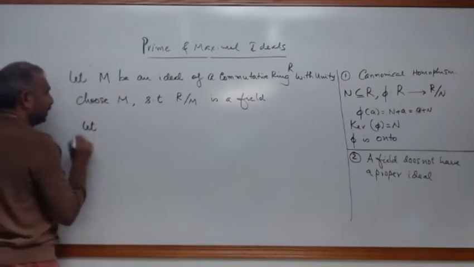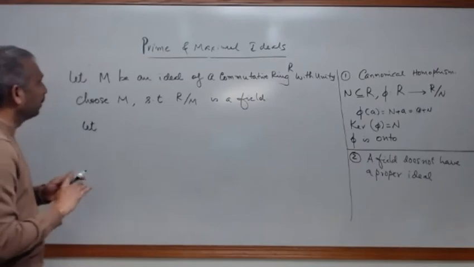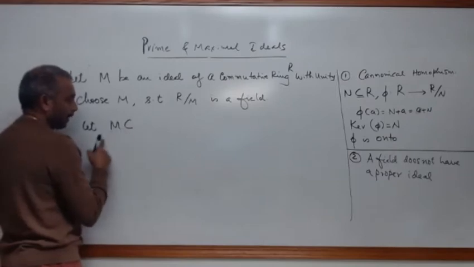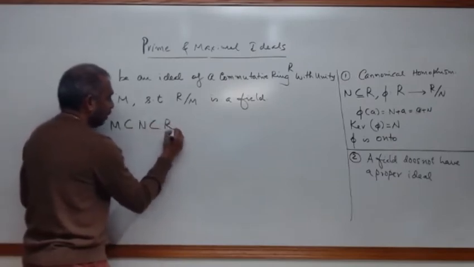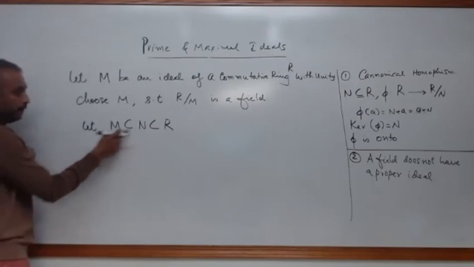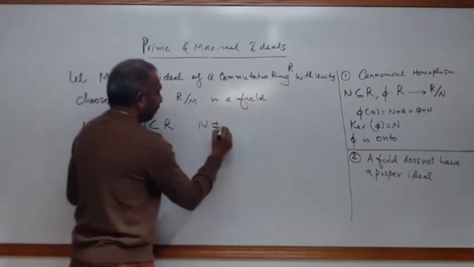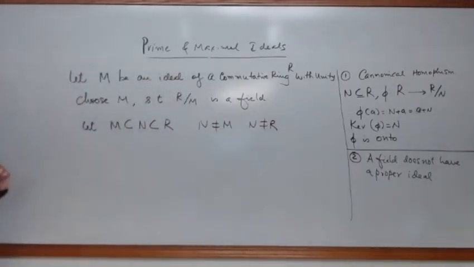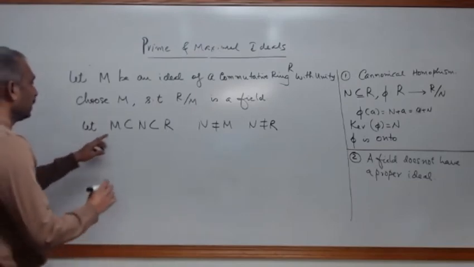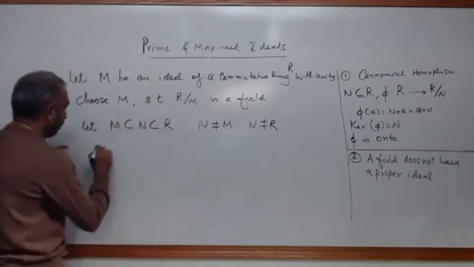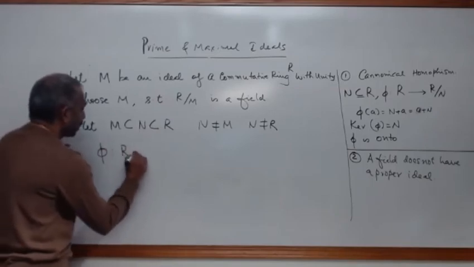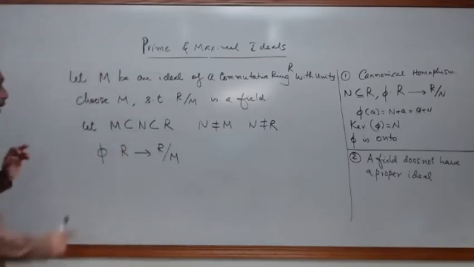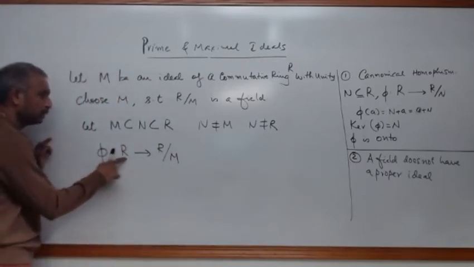Let us assume that there is another ideal, a proper ideal N that contains M and is different from M. So N is different from M and N is different from R. So we can consider a canonical homomorphism from R to R by M. This is a homomorphism, so it preserves the ideal.